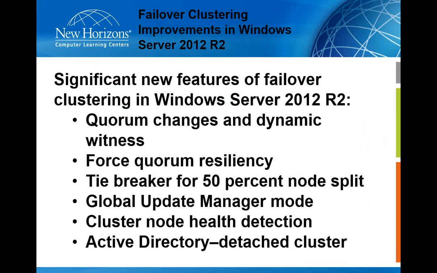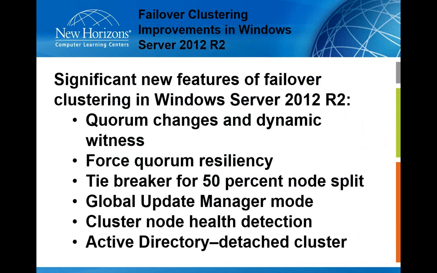In 2012, the Global Update Manager worked in what we call majority mode. That was a read and write mode. When a change happened to the cluster, a majority of the cluster nodes had to receive and process the update before it was committed to the database. And when the cluster node wants to read the database, the cluster compares the latest timestamp from a majority of the running nodes and uses the data with the latest timestamp as the data it needed to read.